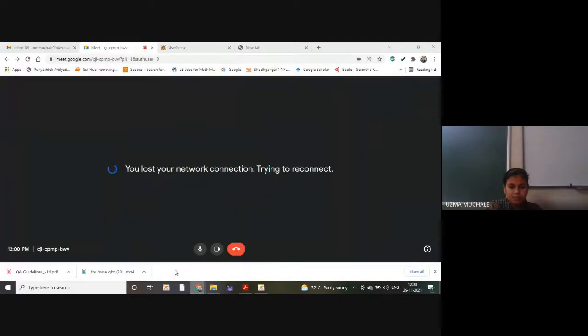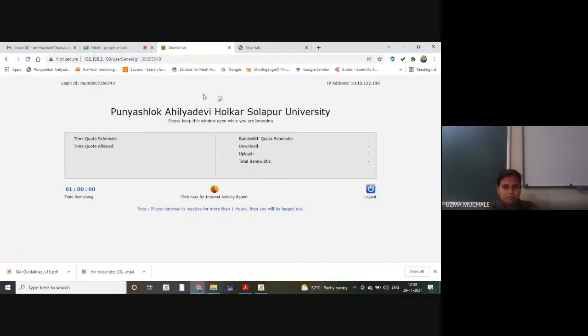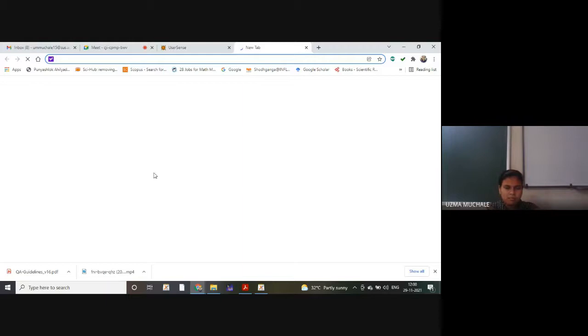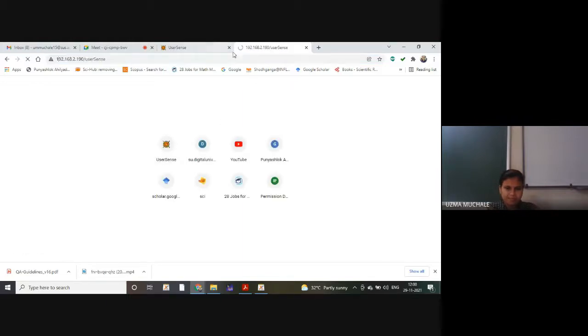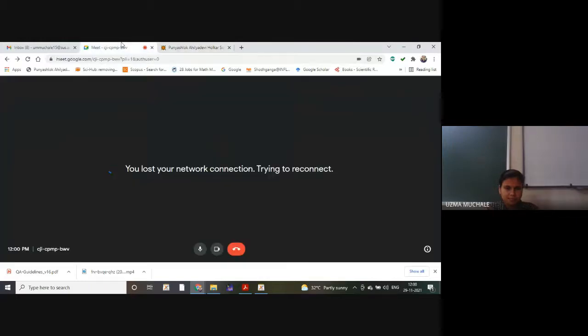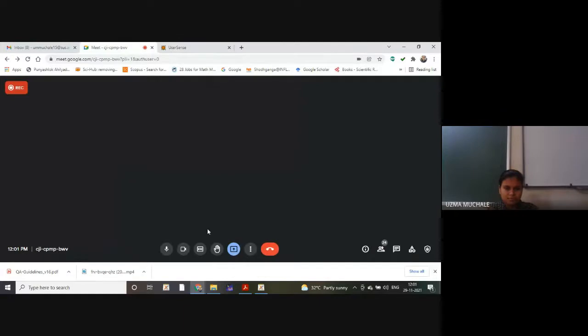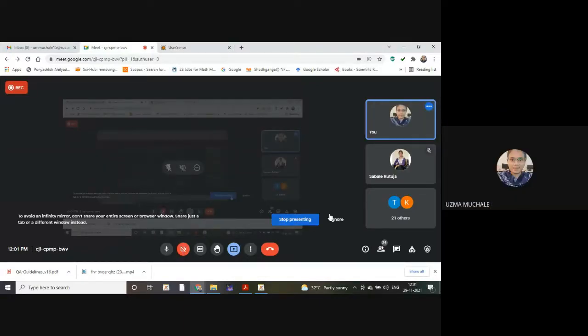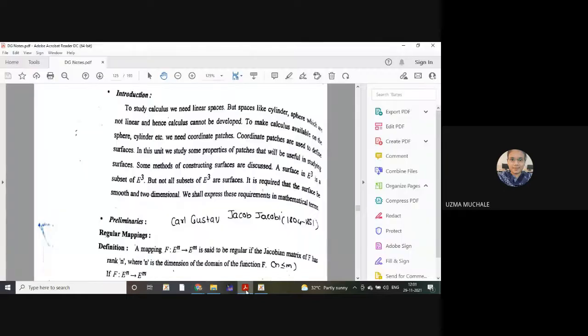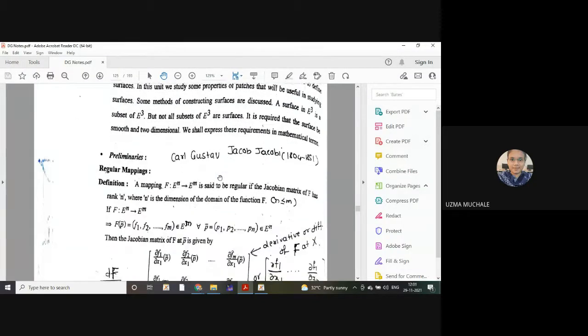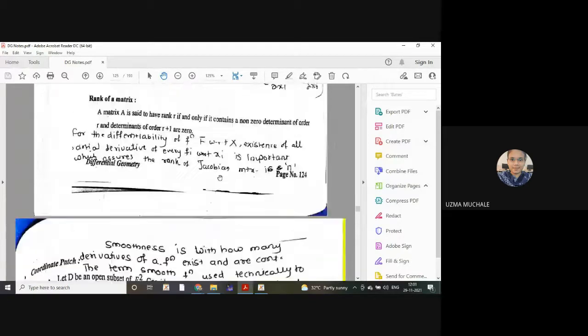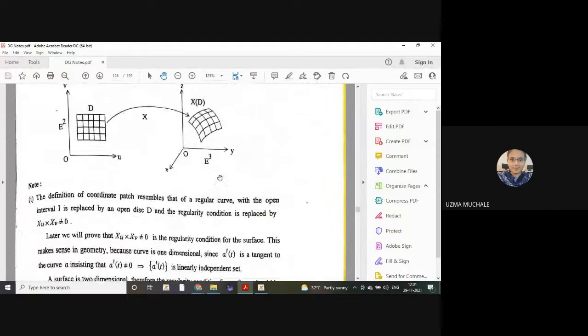See whatever we have seen up to now: all these definitions, regular mapping, then rank of the matrix, then we have seen coordinate patch, then proper patch.